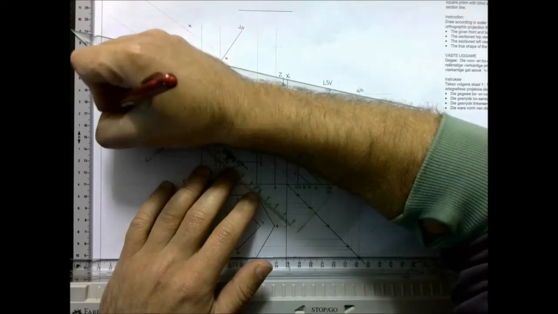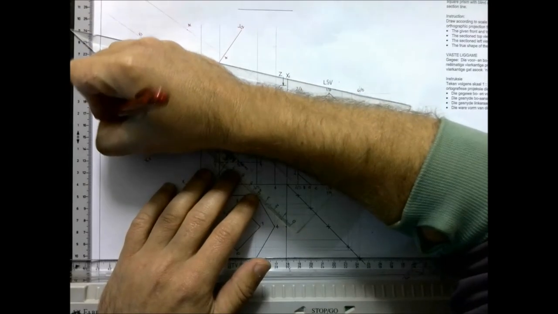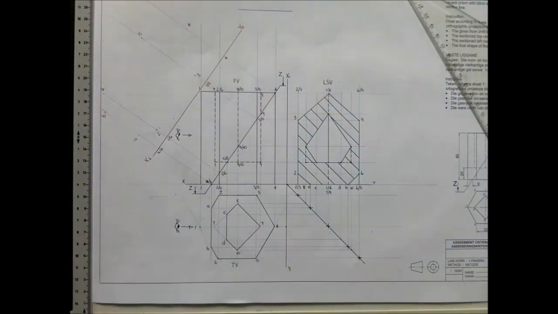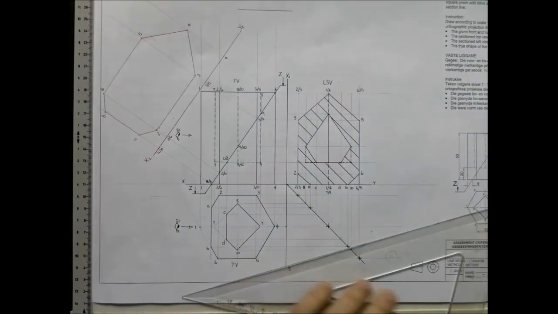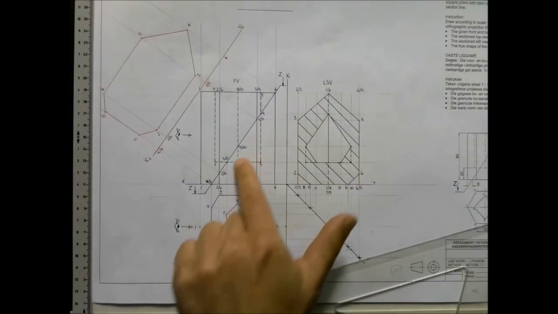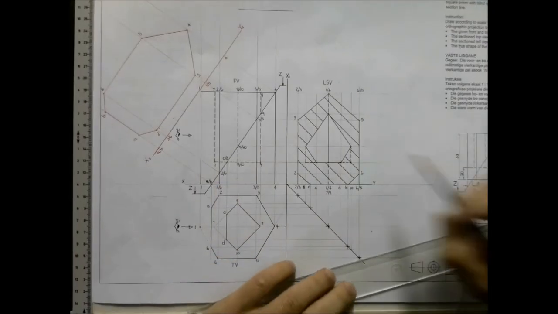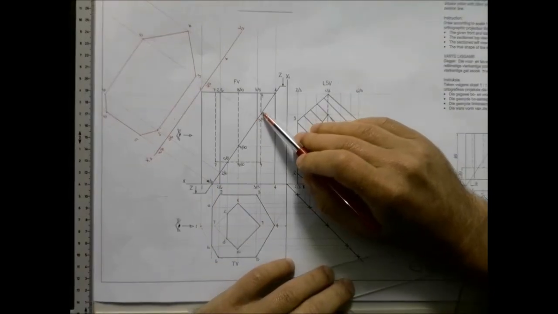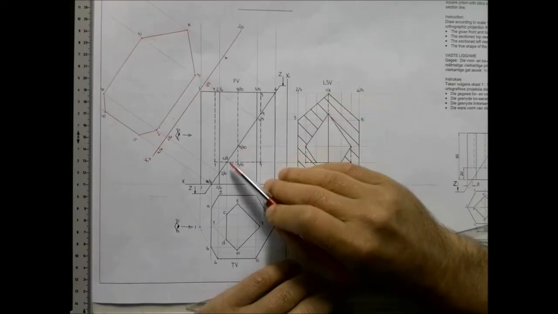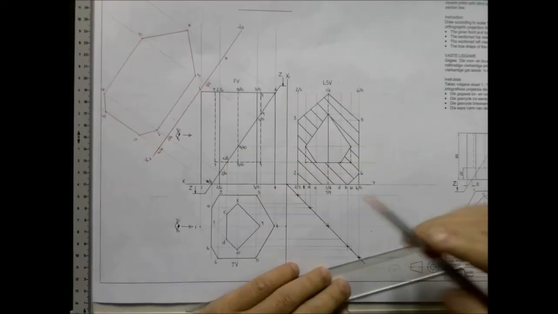Right. And now that I have all the points, if you were cutting it with a knife, the portion the knife would be touching would obviously be going through from this point through to there, and from this point through to there.